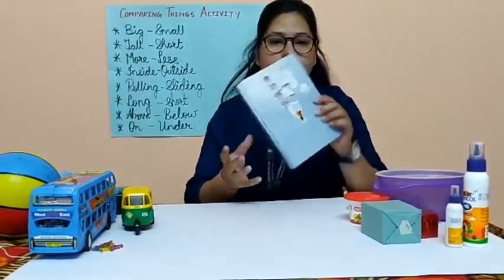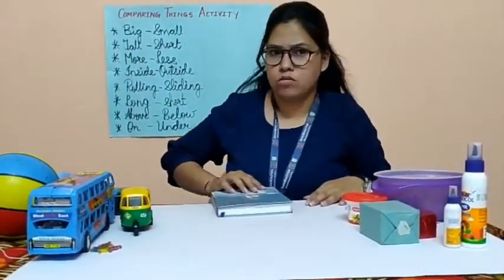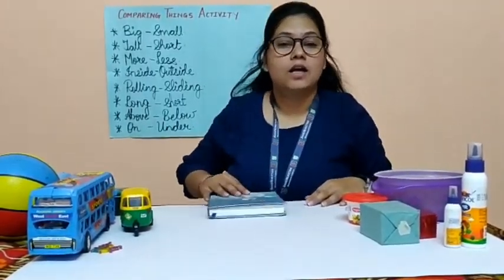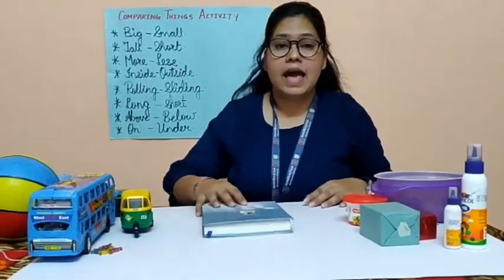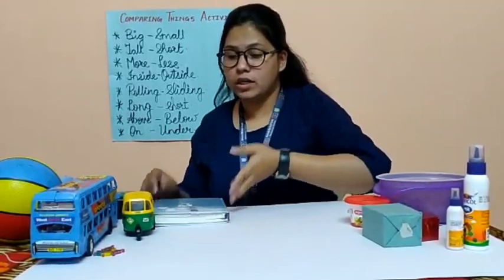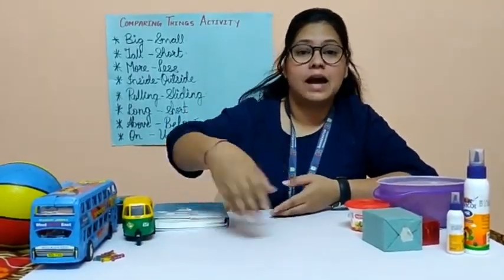One more example I have. What is this? This is a small diary. Can I roll the diary? No. What you can see? It's sliding. Yes, the diary is sliding. As we can see, whenever you throw the ball, it takes some jumps and then it starts rolling.